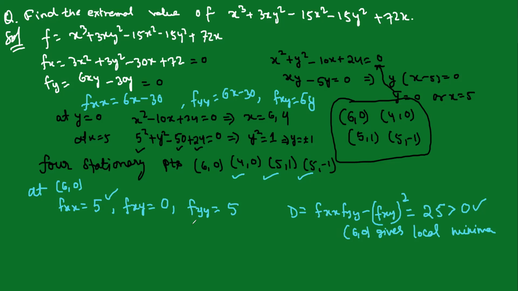At (4, 0), what are you getting? D is positive and r is negative, right? f_yy is minus 6. f_xx is minus 6 also.